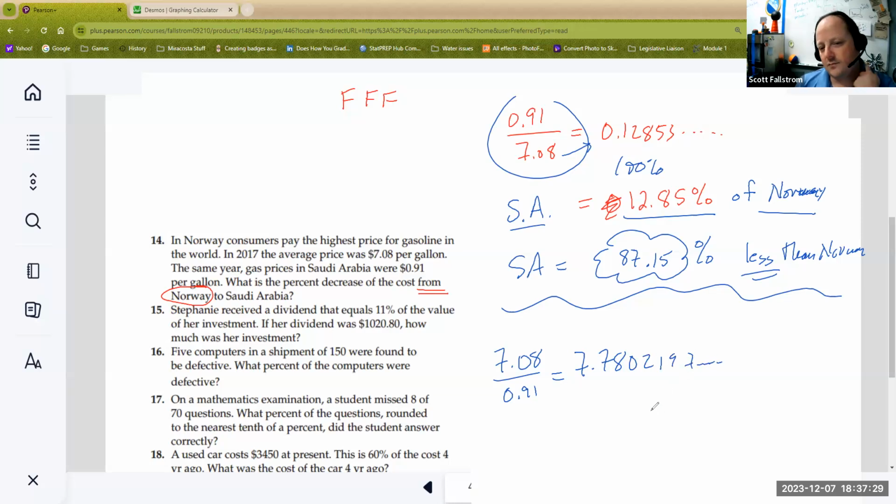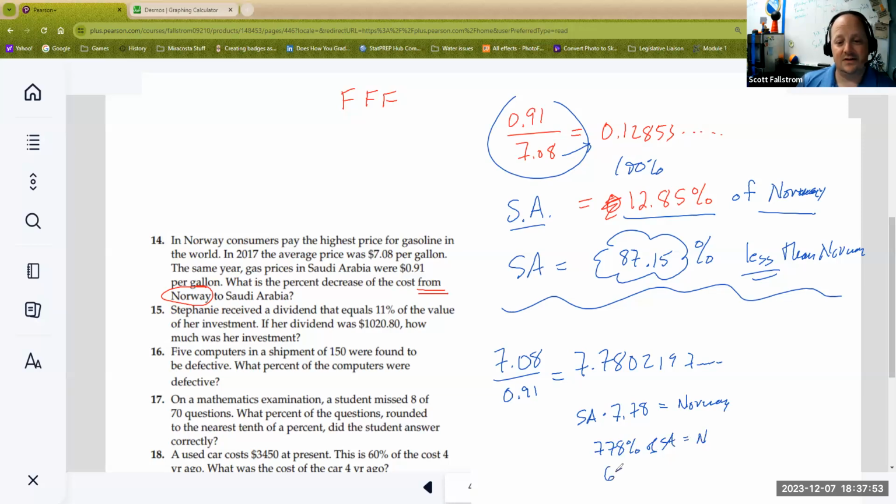Okay. So if I look at that, then I would say, wow, that's pretty impressive. So that means that Saudi Arabia times 7.78 equals Norway. That means Norway is 778% of Saudi Arabia, right?